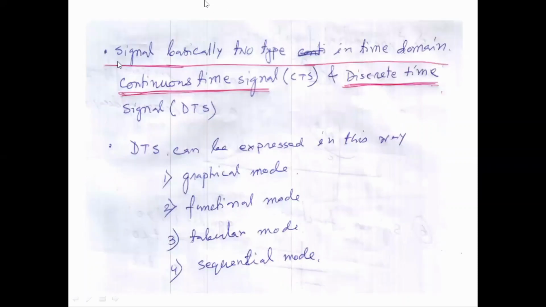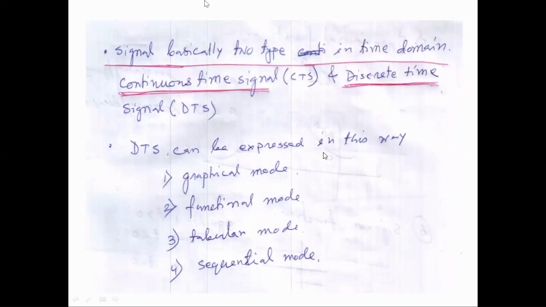Okay. Now for signals, I have told you there are basically two types: continuous time and discrete time. Continuous time is what you have studied, and all the signals generated in nature are continuous time signals. The discrete time signal can be expressed in four different ways: the graphical method, functional mode, tabular mode, and sequential mode. Graphical mode is the graphical representation.